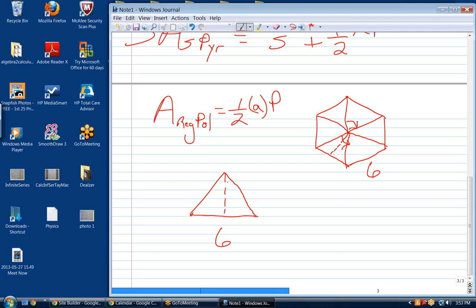So this broad angle here is 60. Well, I don't really need the broad angle. I need this tiny angle here. What's that tiny angle? 30. Now I have a 30-60 triangle which I can solve. That's what else I need to put on my card and my cheat sheet as well, is the way those look.